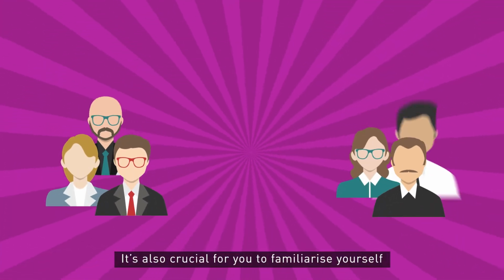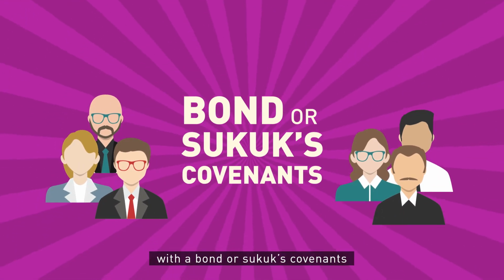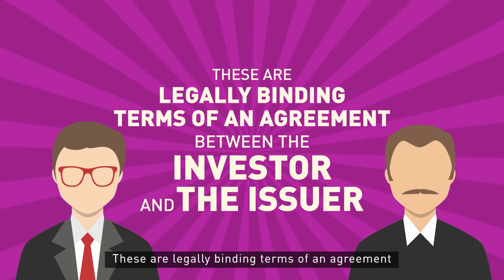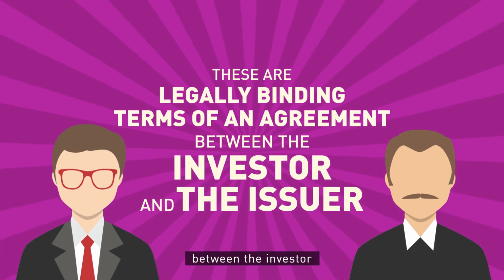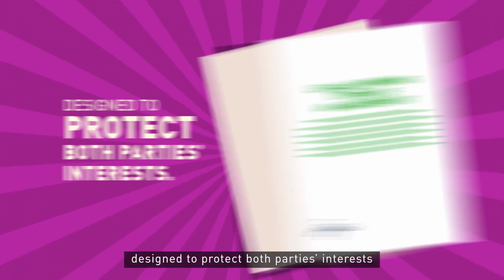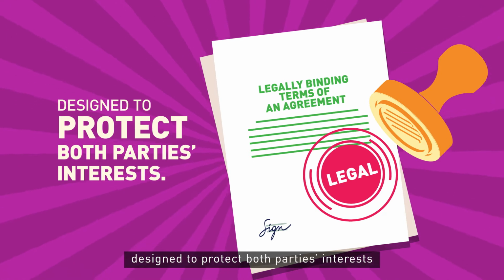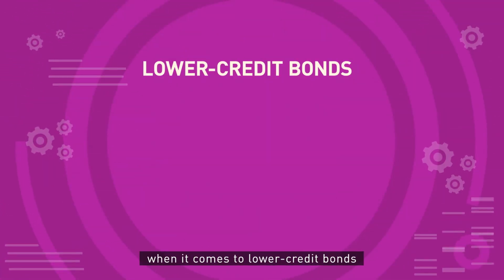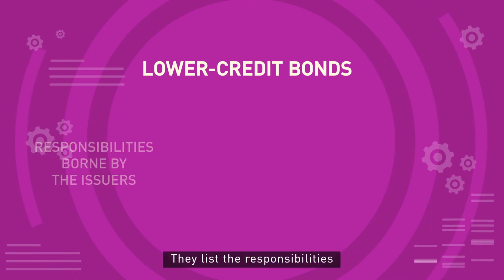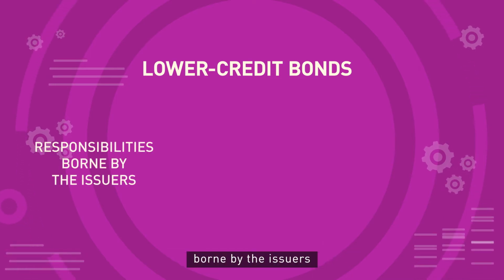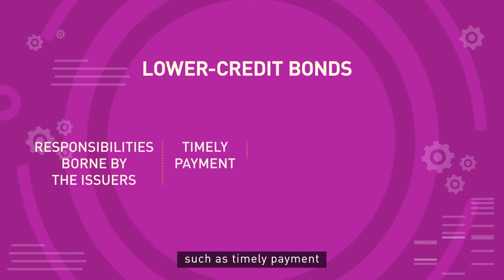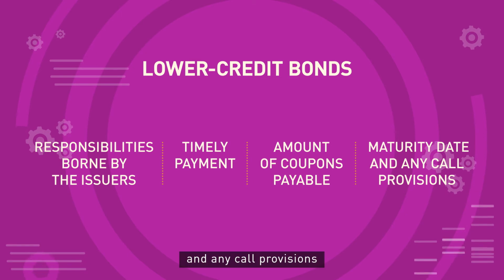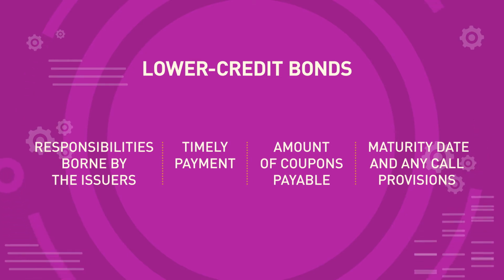It's also crucial for you to familiarize yourself with a bond or sukuk's covenants. These are legally binding terms of an agreement between the investor and the issuer designed to protect both parties' interests. Covenants are particularly important when it comes to lower credit bonds. They list the responsibilities borne by the issuers, such as timely payment, the amount of coupons payable, the maturity date, and any call provisions.